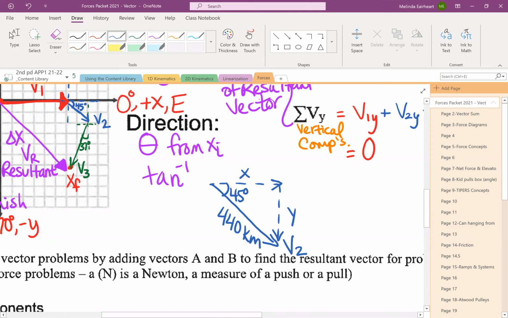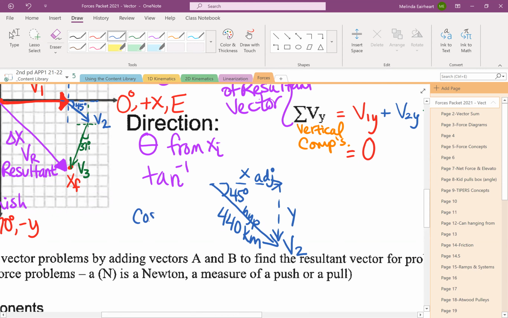How am I going to find the horizontal component of that 440? Notice the x component is adjacent. 440 is your hypotenuse. So we'll use which SOHCAHTOA? Cosine.